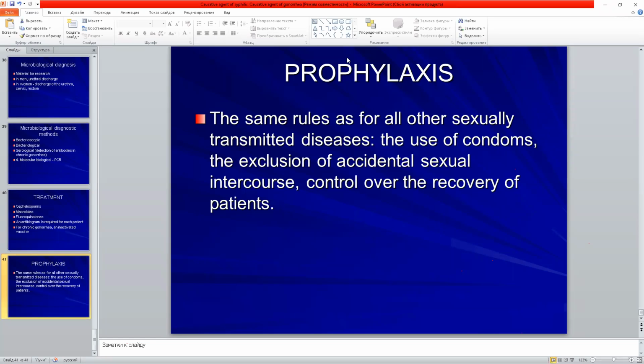Yes, please, concerning the sensitivity test against gonorrhea. Yeah, the antibiotic sensitivity test. If it's bacteria, why should we do it for each individual? Because every patient is infected by a certain strain of Neisseria gonorrhoeae.